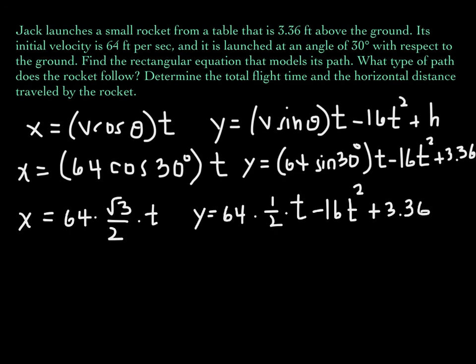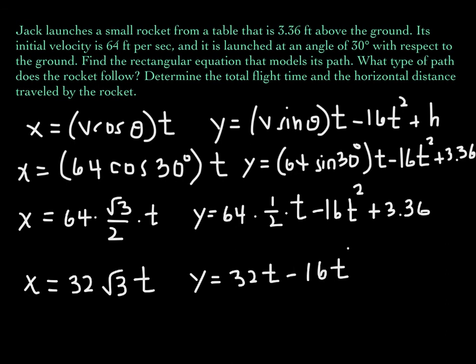Now, let's continue to simplify. x is 32 times root 3 t, and y is 32t minus 16t squared plus 3.36.